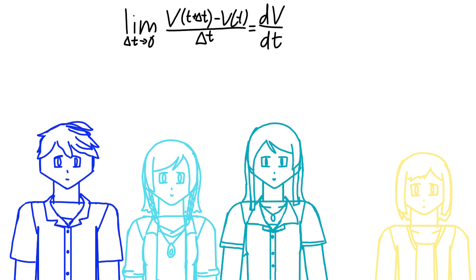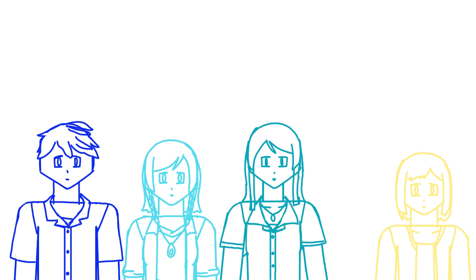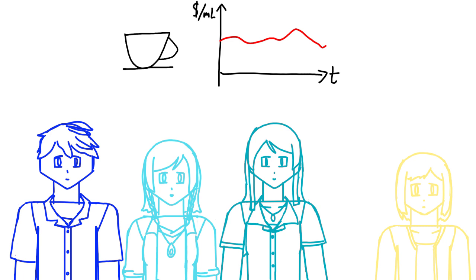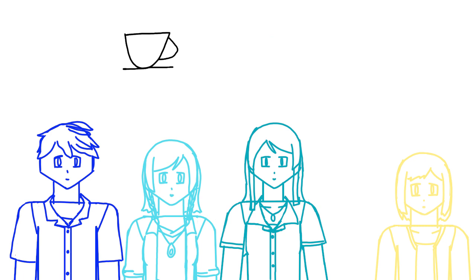Now we can finally get onto the product rule. Say that, Hina, help me. Say you want to figure out the price of the cup of coffee. However, the cost per volume is changing as you fill up the cup. Why would it be changing that fast? And who charges for coffee by the milliliter? Don't worry about it. So now you want to figure out the price at point t. Call it p of t.